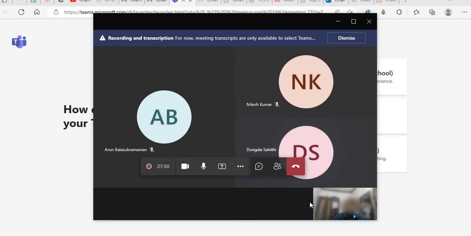Okay, fine. No problem. So you have used the rank functions, right? Could you please differentiate between rank and dense rank?